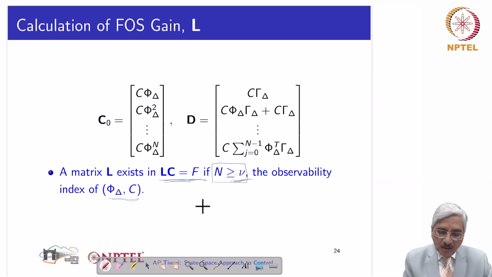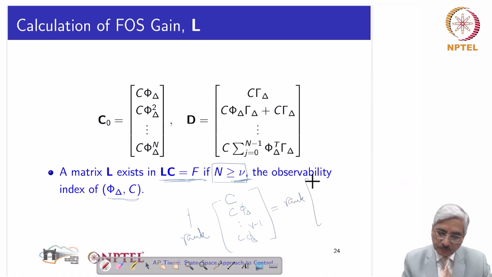Just to recall, it is the largest value of nu for which the matrix C, C phi delta, etc., C phi delta nu minus 1, and the next matrix C, C phi delta, C phi delta square, etc., C phi delta nu, have the same rank.